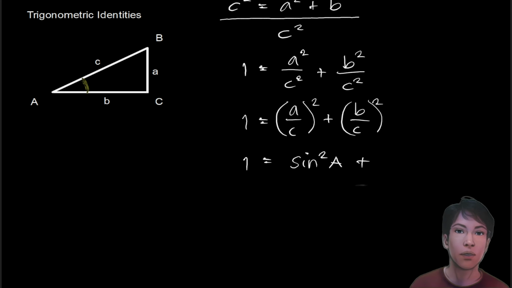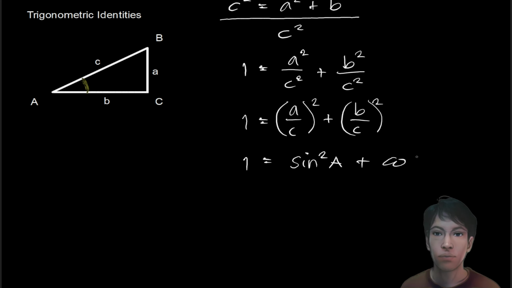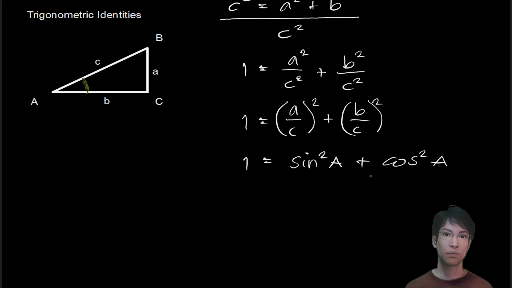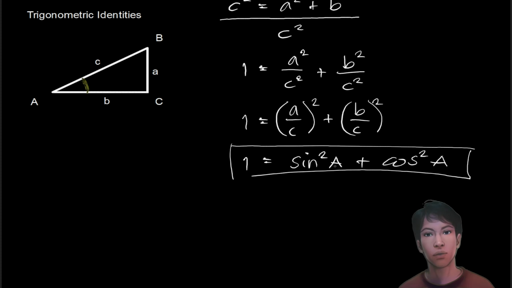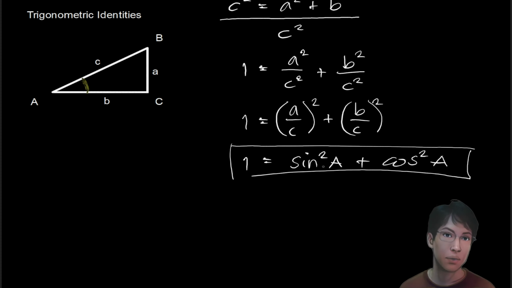B over C is cosine squared A. And that is one of the trigonometric identities.